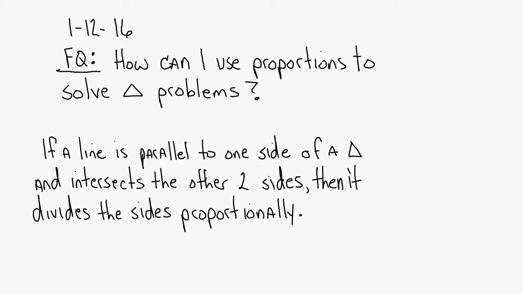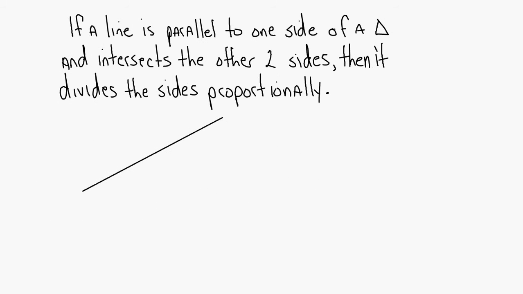And then here's a picture of what that means. If you got a triangle, if a line is parallel to one side of a triangle and intersects the other two sides, so add a line, make it parallel to one side and intersect the other two sides.